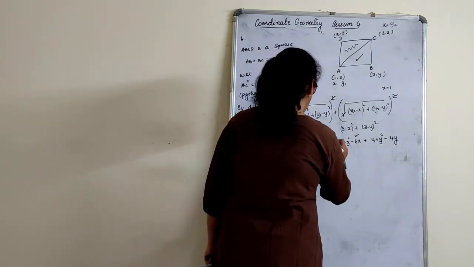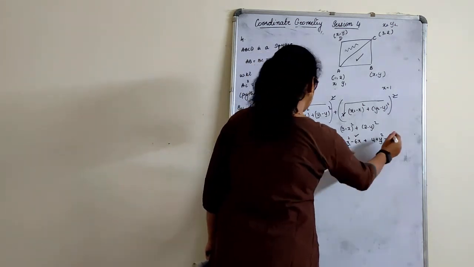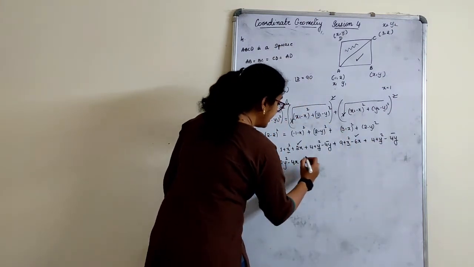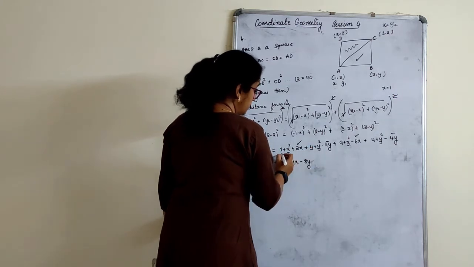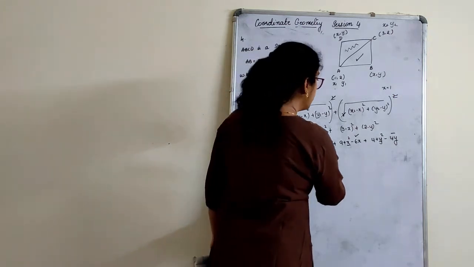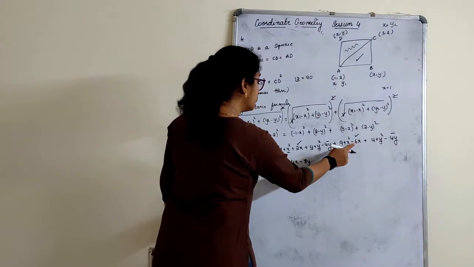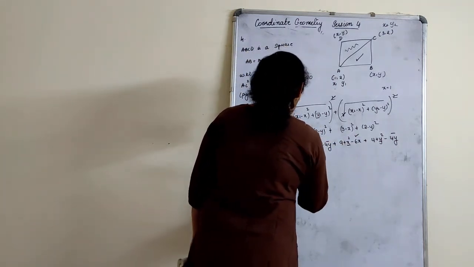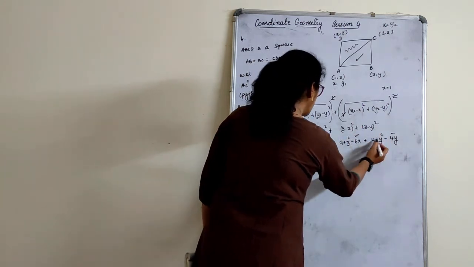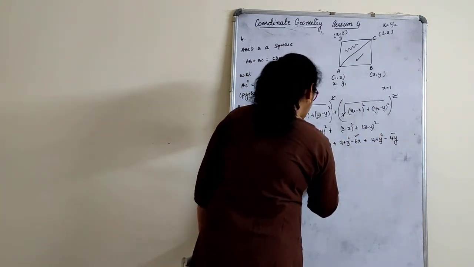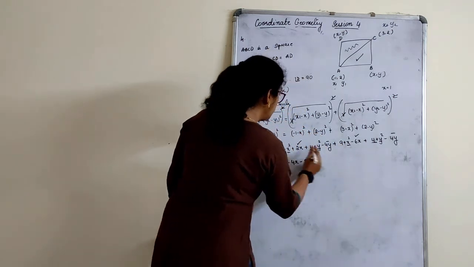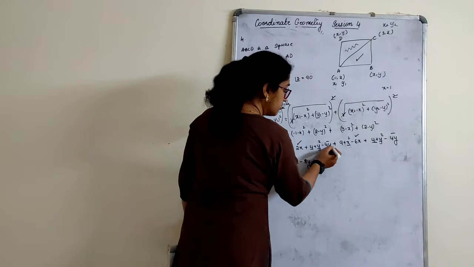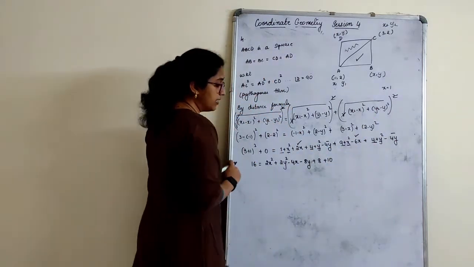Then the y term: 4y minus 4y, minus 8y. Then the constants: 4 plus 4 is 8, 9 plus 1 is 10. We'll first finish the easy ones, and all the terms are marked.